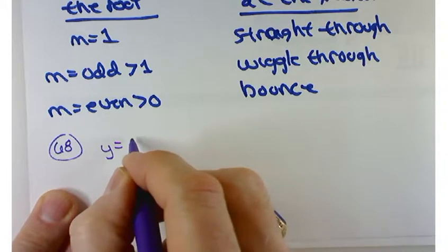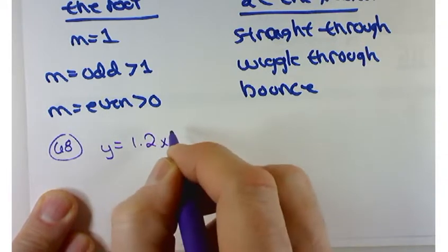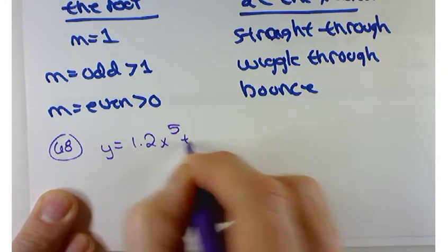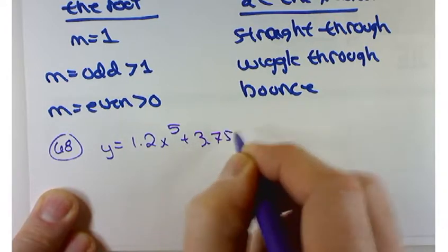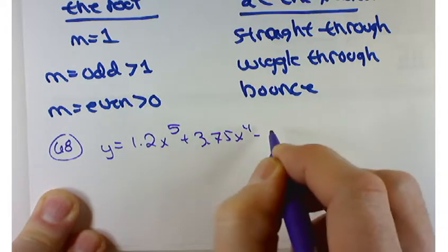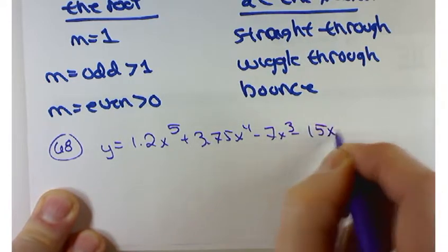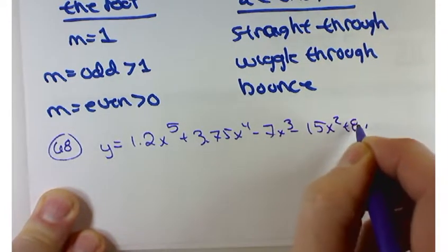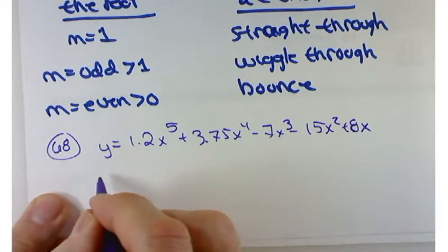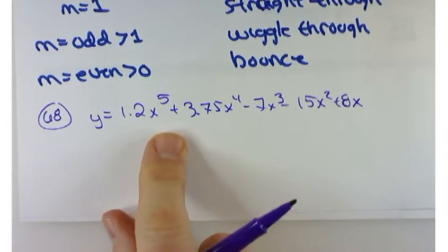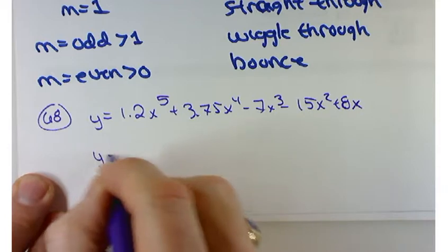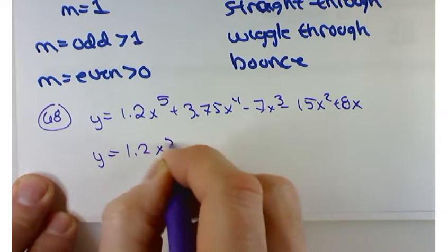We've got two graphs, y equals 1.2x to the 5th plus 3.75x to the 4th minus 7x cubed minus 15x squared plus 8x. And we're going to graph this in comparison to y equals 1.2x to the 5th.